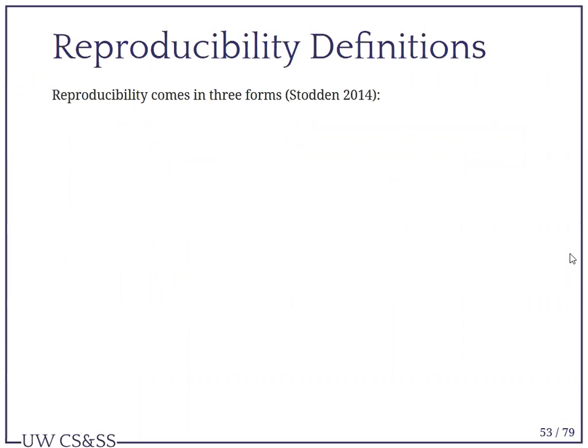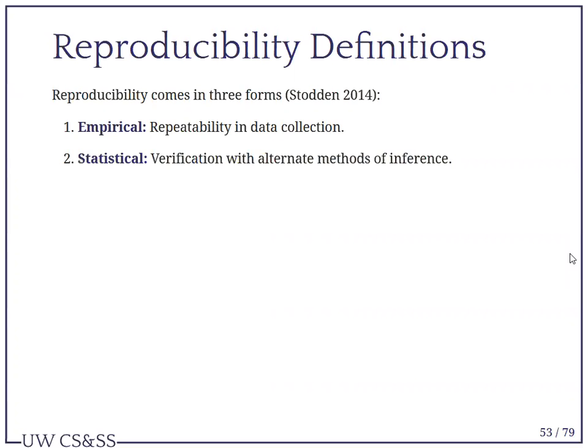Some definitions of reproducibility. Reproducibility comes in three forms. The first is empirical: repeatability in data collection. The next is statistical: verification with alternate methods of inference. This is often things like, in the appendix, I also ran this model using a different setup.